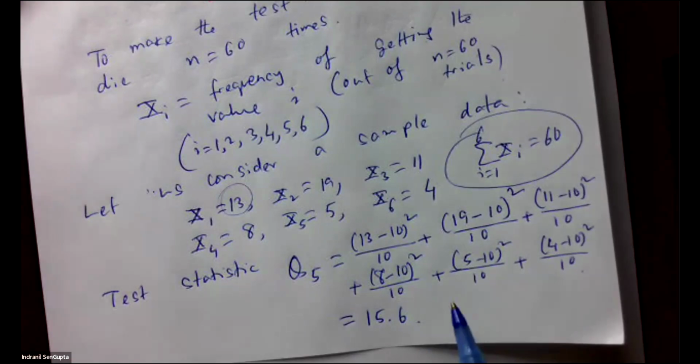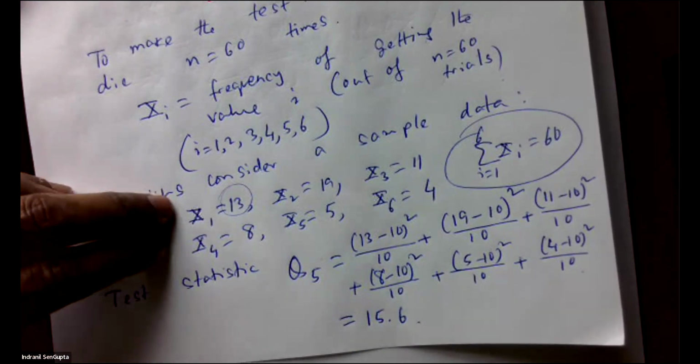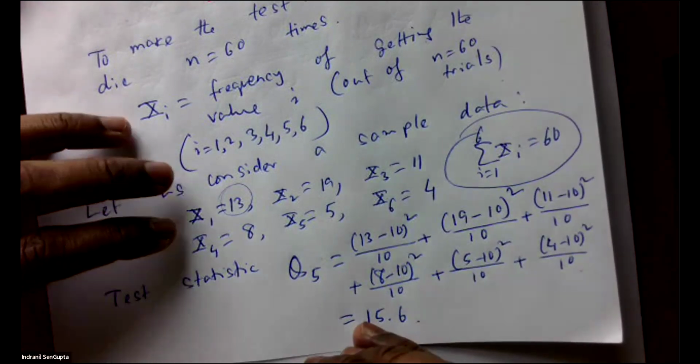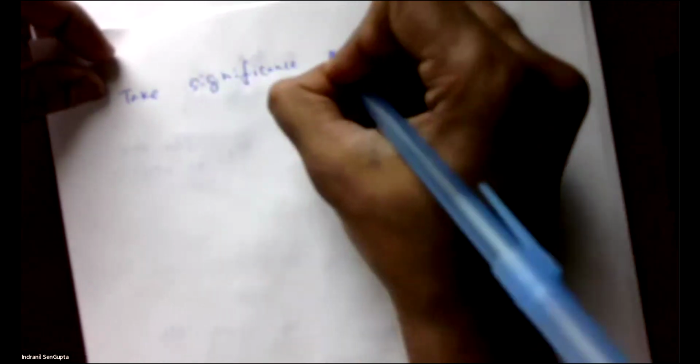Now we have to compare this. We have to accept or reject, right? So we have 5 degrees of freedom. Suppose we are trying to see the confidence interval. Let's take the significance level equals 5%, so that means alpha is 0.05.